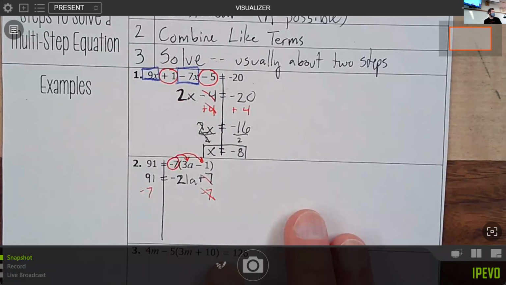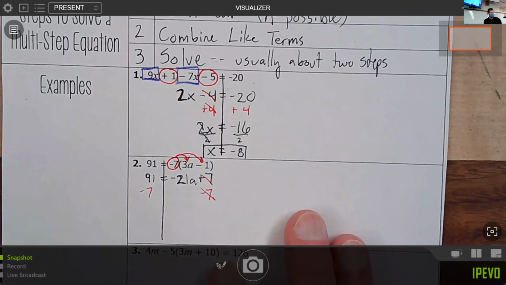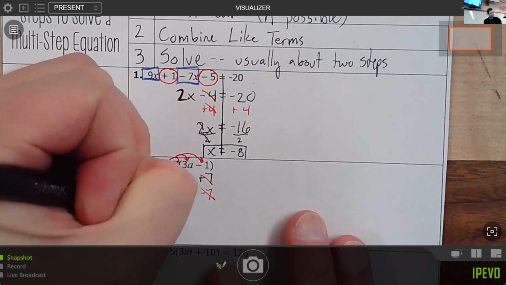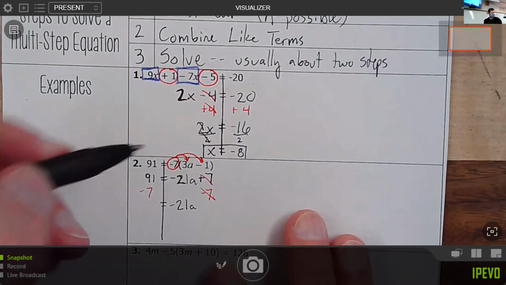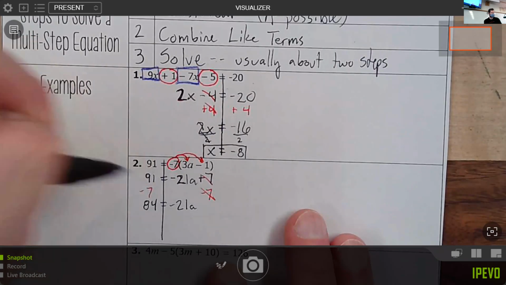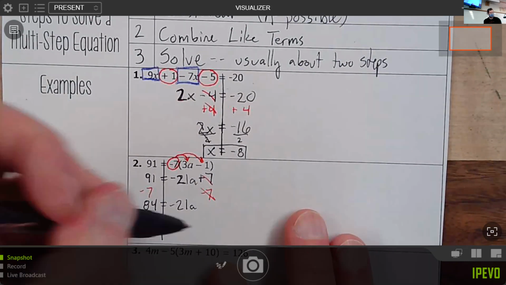On the right-hand side, the 7s cancel out, and we still have -21a. So -21a. 91 minus 7 is what? 84. What's our last step? What do we do to get a by itself? Divide by -21.